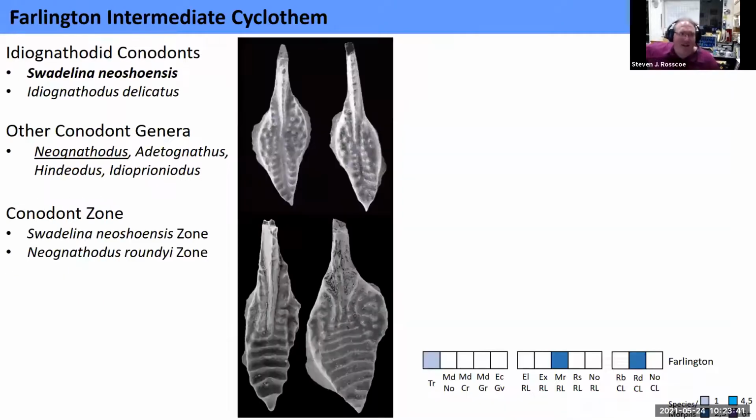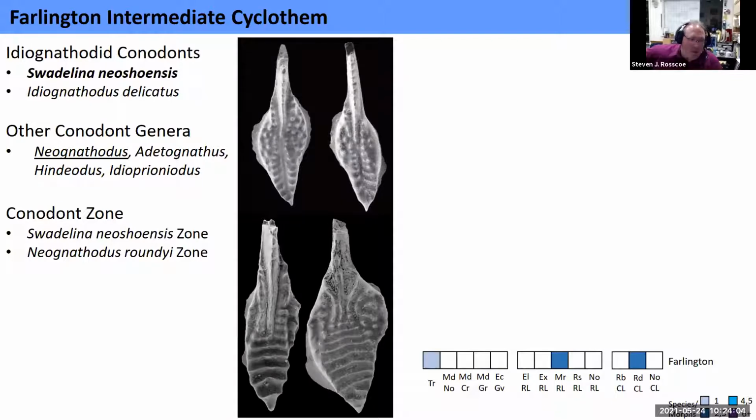Next slide. So this is how we're going to start our walk through the cyclothems of the mid-continent. We're starting down in the Farlington intermediate cyclothem, so a little bit closer to the traditional lower Kasimovian boundary. And what I'm doing in this chart that you see on the right is just plotting variation in certain features.